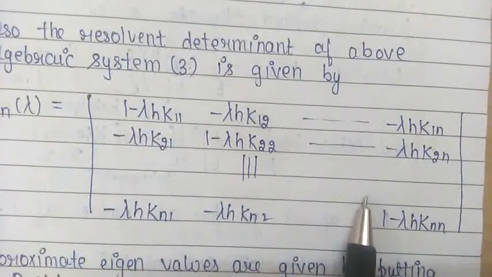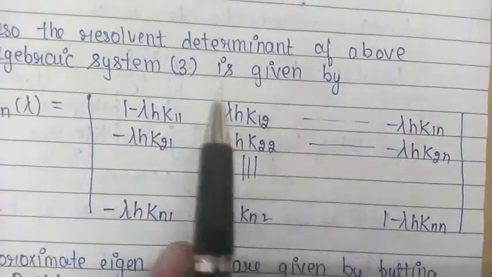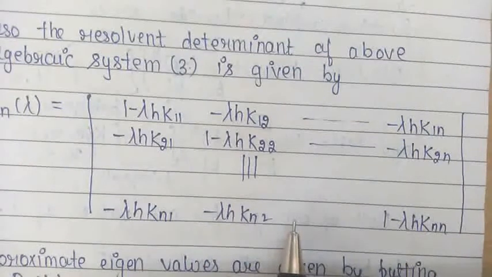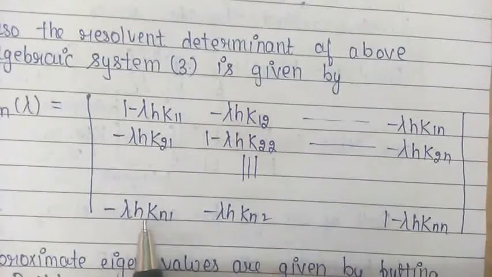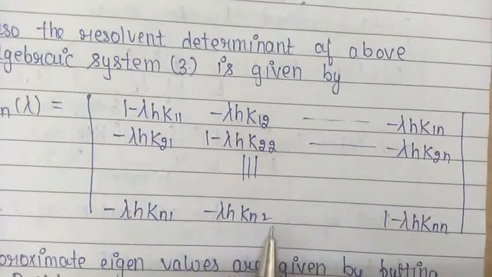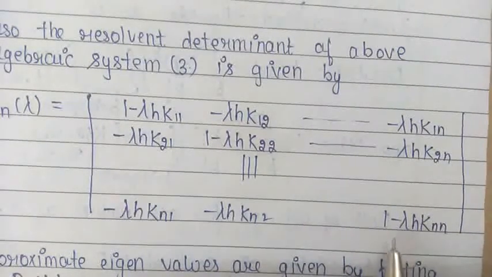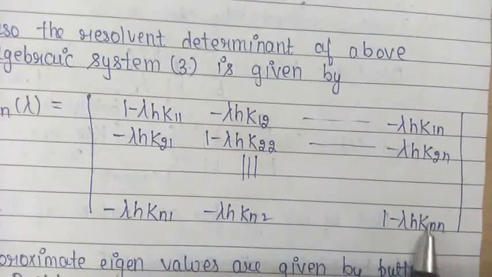Continuing in this way, if we put i is equal to n and j varying from 1 to n in the third equation, we get the coefficient of g1 will be minus lambda h kn1, the coefficient of g2 will be minus lambda h kn2, and so on. The coefficient of gn will be 1 minus lambda h knn.